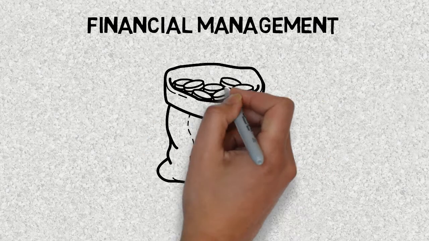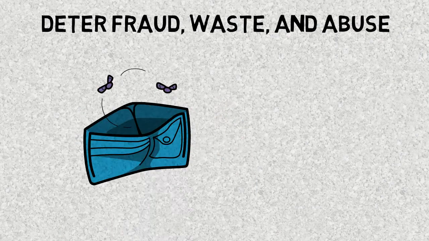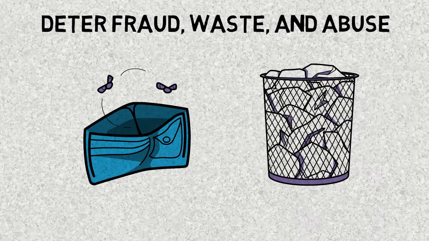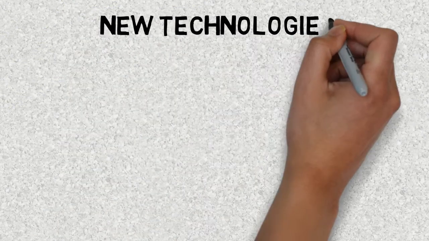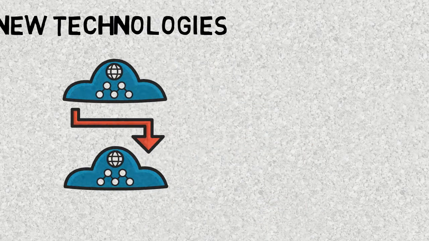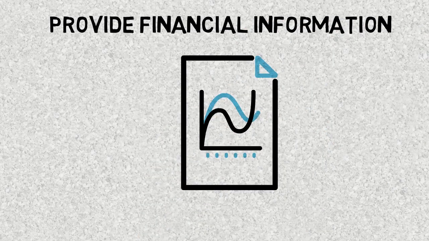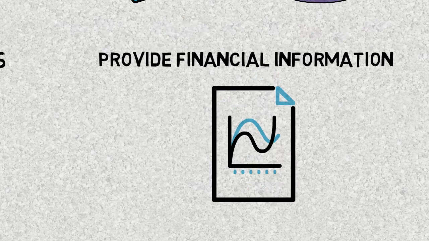To bring more effective financial management practices to the federal government, to deter fraud, waste, and abuse in coordination with the Council of the Inspectors General on Integrity and Efficiency, to accelerate the adoption of new technologies that improve efficiency, monitoring, and oversight, and to provide financial information for the executive branch and Congress to manage, evaluate, and monitor the financial effectiveness of federal programs.